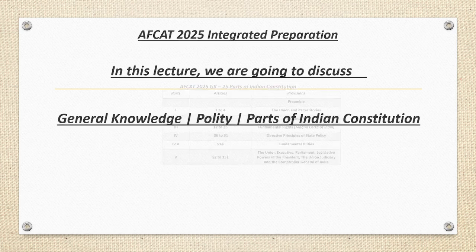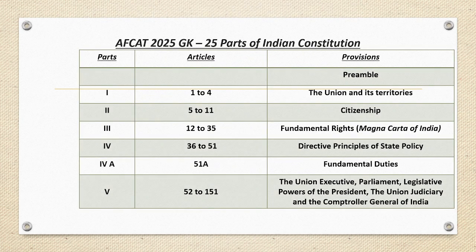And there are 25 parts in our Indian Constitution. The Constitution starts with the preamble. The first part has 4 articles, and it discusses the Union and its territories, India and its territories.